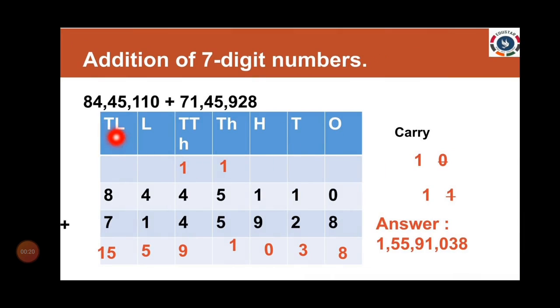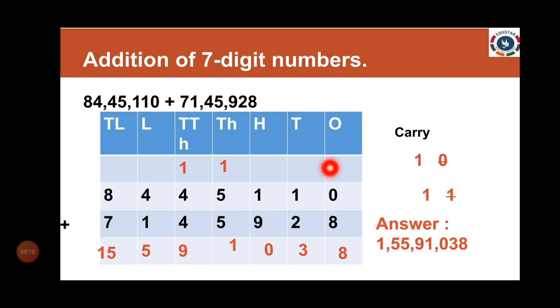Next, the addition of 7-digit numbers. You already know addition thoroughly, so once again we are going to revise. 84,45,110 plus 71,45,928. First, we arrange the numbers according to place value, column-wise.